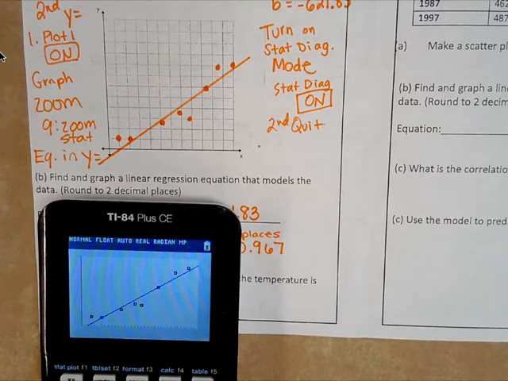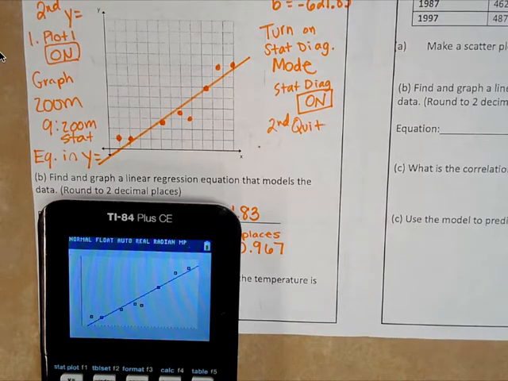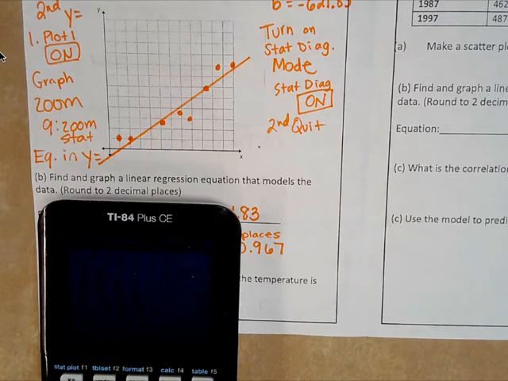I'm going to come around and check your calculators. Make sure that you have that in. Great. So I have all those notes to the side.